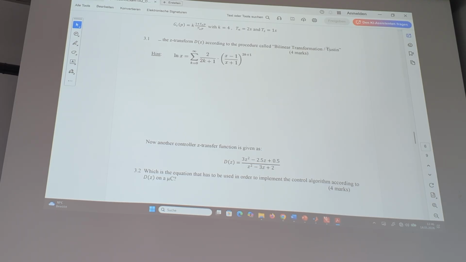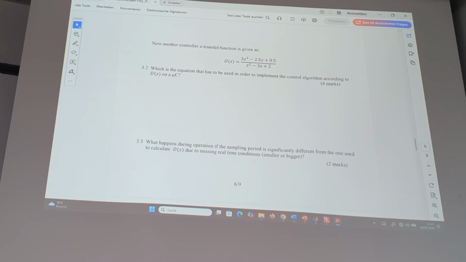Tustin says that the first term for k equal to 0 is enough for the substitution. So you pick 2 over T times (z minus 1) over (z plus 1), substitute it for p in the controller function and solve it. Eliminate the double fraction, and then you have D of z.